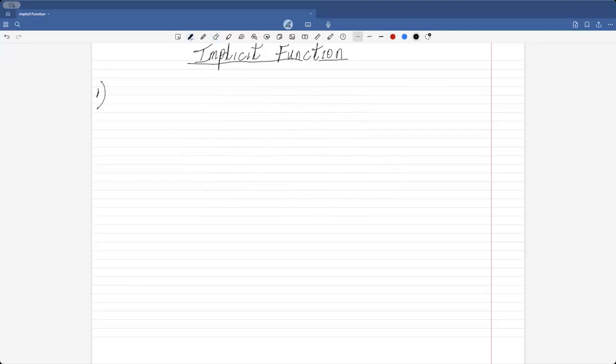Let us pick up a question that we find interesting. So let's say we have a function that says 3x plus y equals 3.